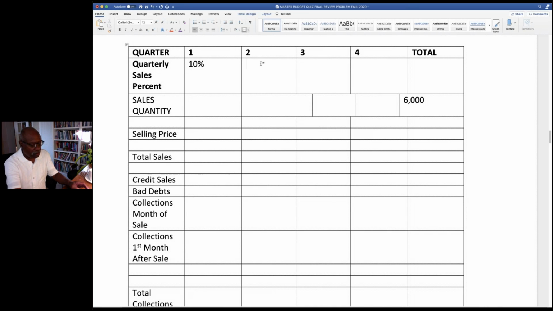What's the second one? 20. What's the third one? 10. And what's the fourth one? 60. 60? Yes. Of course, those are going to add up to be 100%.